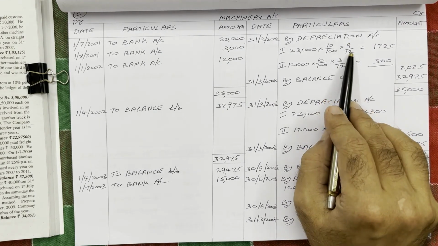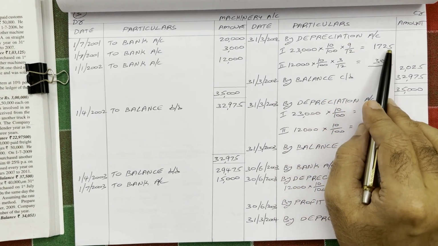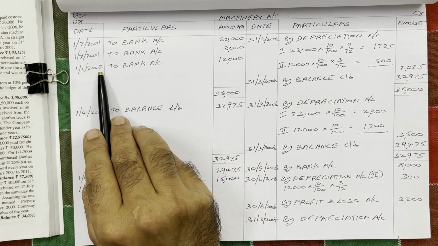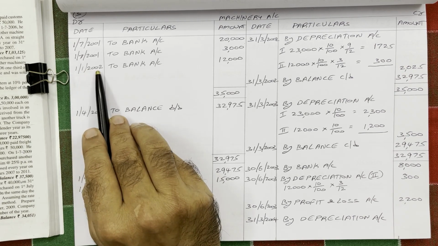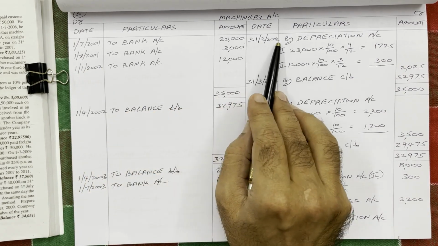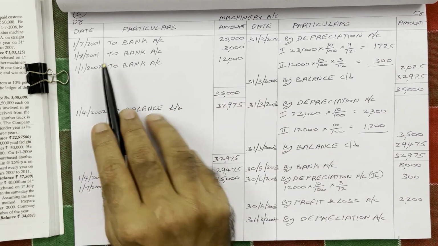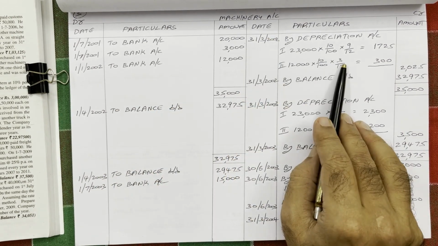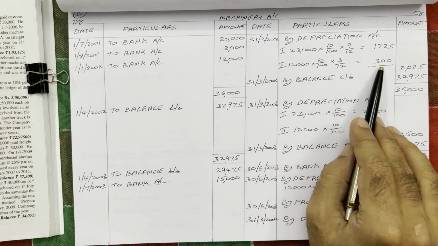Therefore 23,000 into 10% into 9 by 12 is 1,725. The second asset they purchased on 1st January 2002. From 1st January 2002 to 31st March 2002, January, February, March, they used it for 3 months. Therefore into 3 by 12, 300.